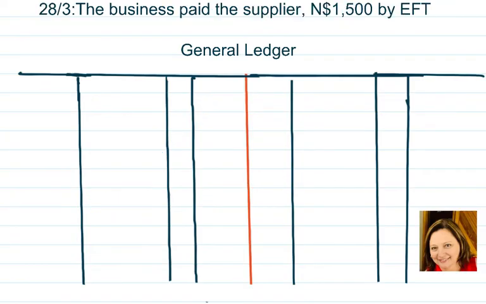In this transaction, our business paid the supplier. You will remember that the business bought goods from a supplier on credit, and the amount that we paid was 1,500 by EFT. Now, by this time, you will remember EFT always means bank. There's my bank account, and we paid the supplier.